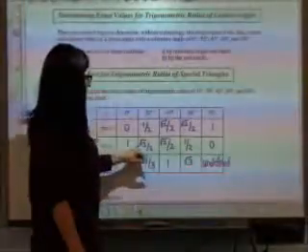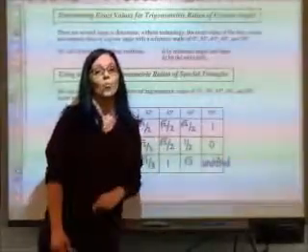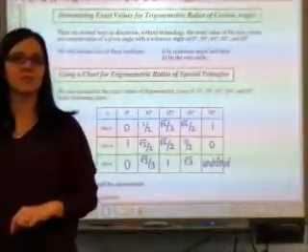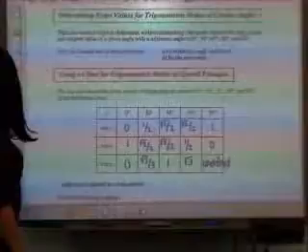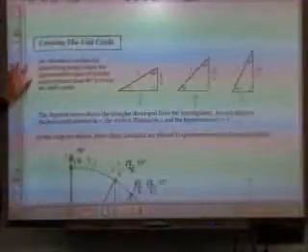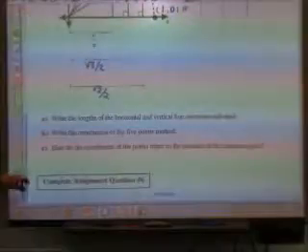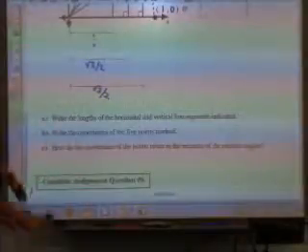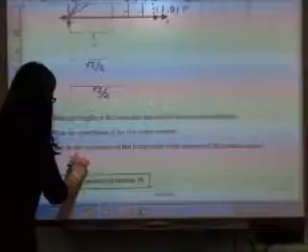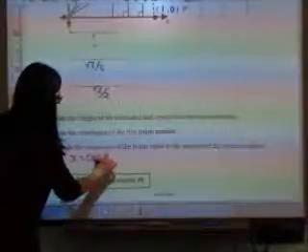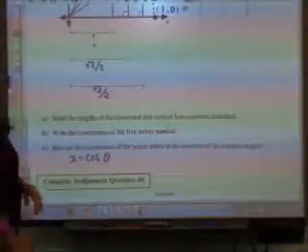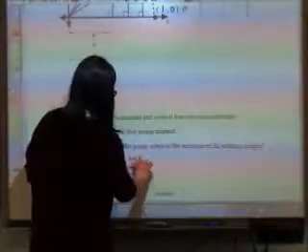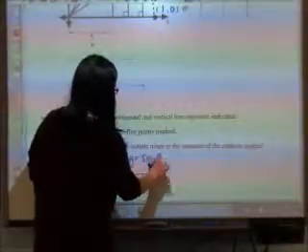All of my coses were my x values. What do you notice about your y values? They're the sines. So how do the coordinates of the point relate to the measure of the rotation angle? My x's are the same as my coses of those angles, and my y's are the sines of those angles.